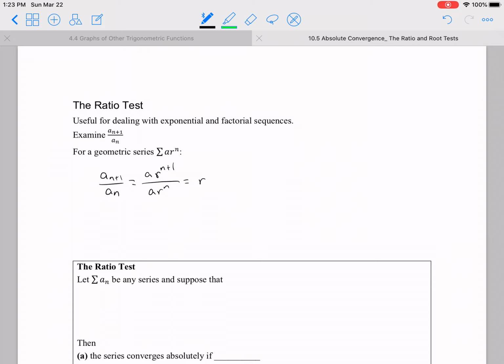That's just going to end up equaling r, because your a's are going to cancel and all of your r's are going to cancel except for one of them, because this might be r to the 11th and the denominator it's r to the 10th. And our summation of n equals 0 to infinity, a r to the n, is going to converge if the absolute value of r is less than 1.